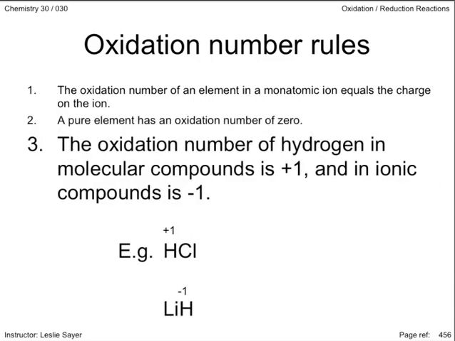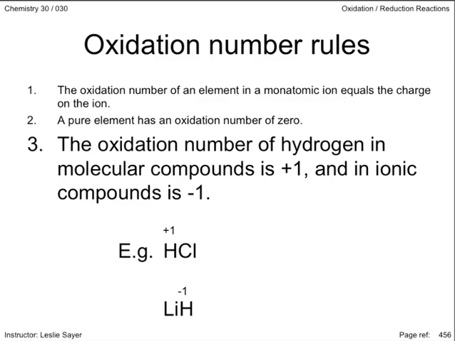Rule 3. The oxidation number of hydrogen in molecular compounds is positive 1, and in ionic compounds is negative 1. Some molecules, such as ethanoic acid, CH3COOH, have hydrogen atoms all over the place. But each hydrogen atom has an oxidation number of +1. To know when the hydrogen is a hydride with an oxidation number of -1, the hydrogen always follows a metal ion.